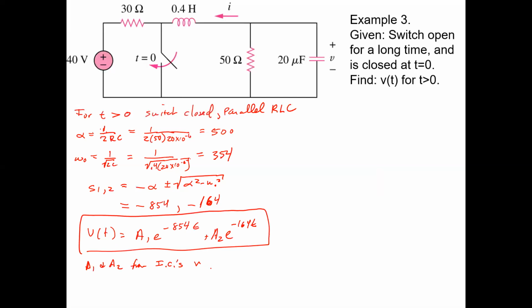No jump, etc. IL of 0 plus equals IL of 0 minus, and VC of 0 plus equals VC of 0 minus, and then finding the derivatives and all that stuff, right?